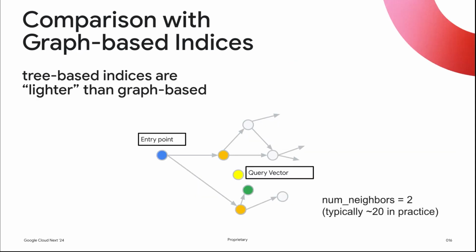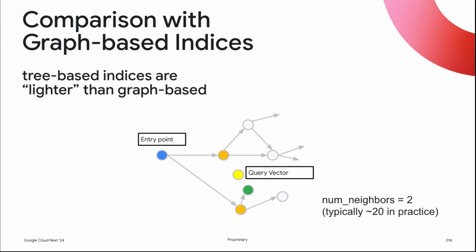Okay, now the HNSW, the pgvector HNSW algorithm belongs to a different family, the so-called graph-based indices. And it is worth understanding a bit about graph-based indices as well, in order to understand how the performance of scan is becoming better in multiple cases. So graph-based indices use a very different data structure.